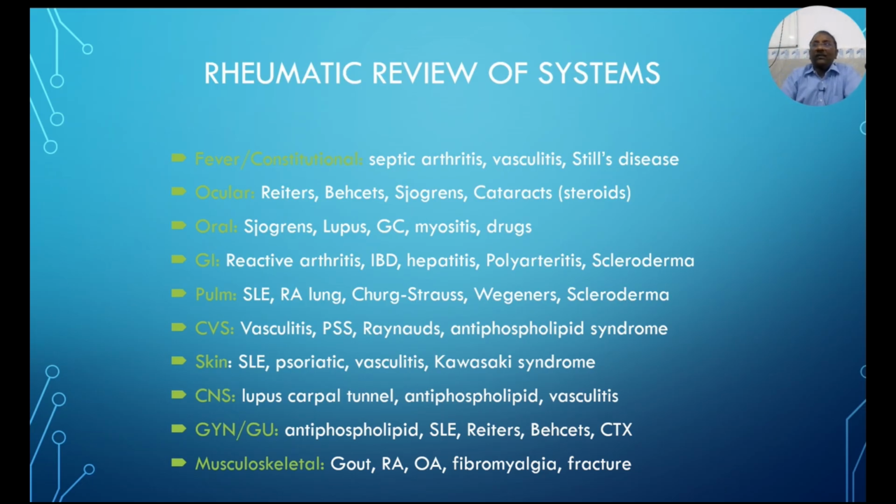So what are the causes if the person develops fever? It could be septic arthritis, vasculitis, etc. Ocular, Reiter's, Behçet's, Sjogren's and cataracts caused by steroids. Oral, again Sjogren's, lupus, myositis, some drugs.